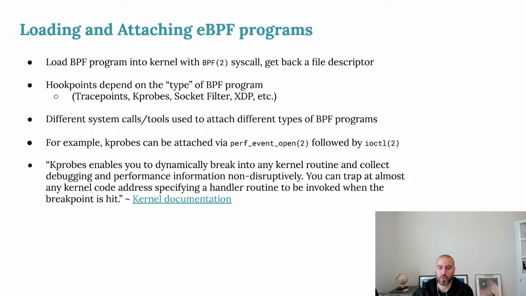Through the rest of this example, we'll be using kprobes a lot, so I'll go into more details there. But it's important to call out that based on the type of program you're writing and where you're attaching it, you will use different tools and different system calls to attach your programs to those hook points.